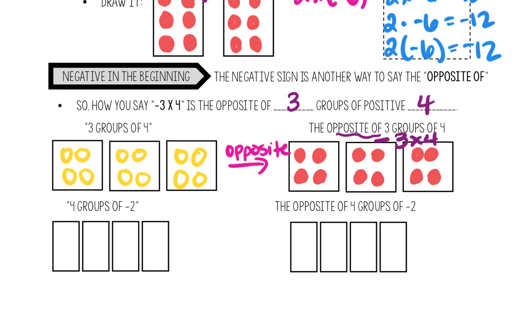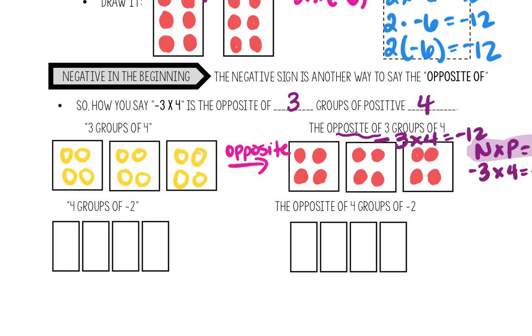How much do you see total? There's 12 negatives. So negative 3 times 4 equals negative 12. Notice that is a negative times a positive equals a negative. Important thing right there.